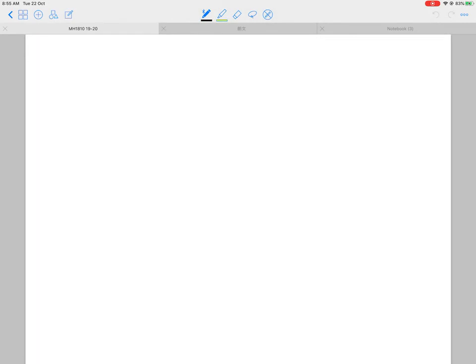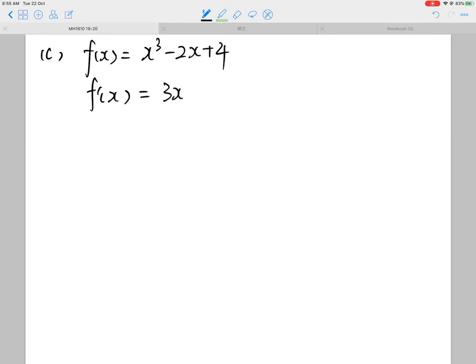Part C, it's very similar. The first order derivative is this. The second order derivative is this. This always exists, so first, no singular point.